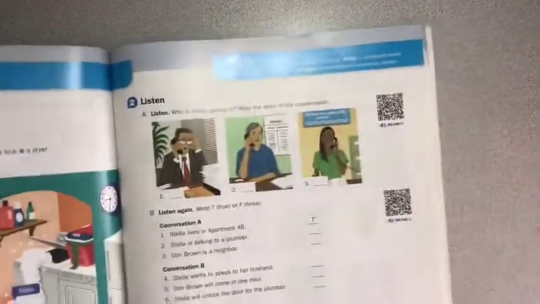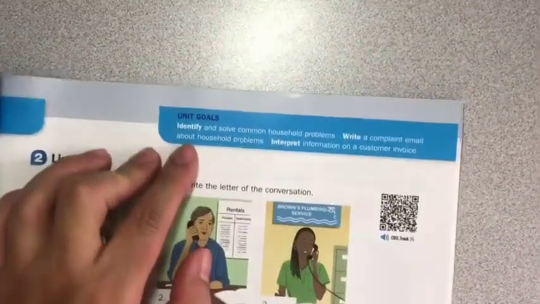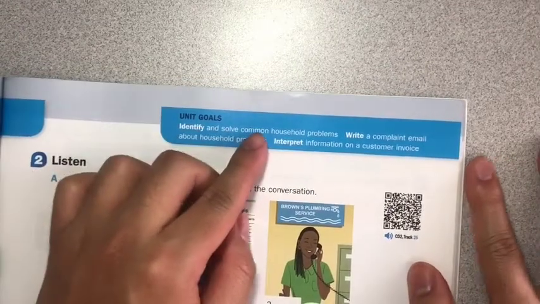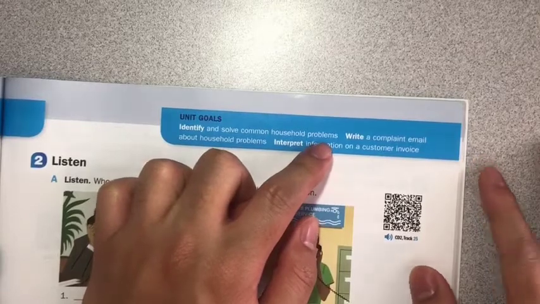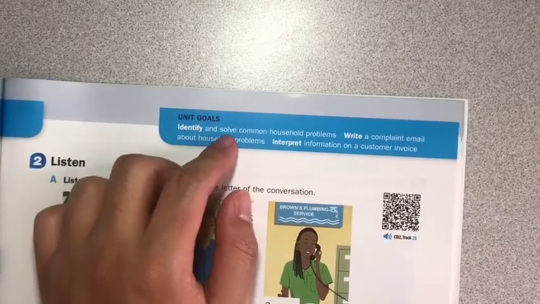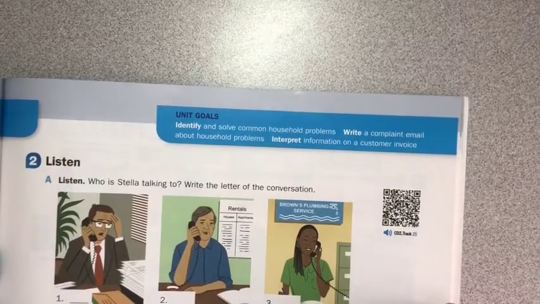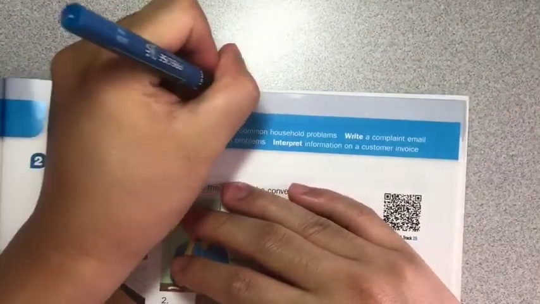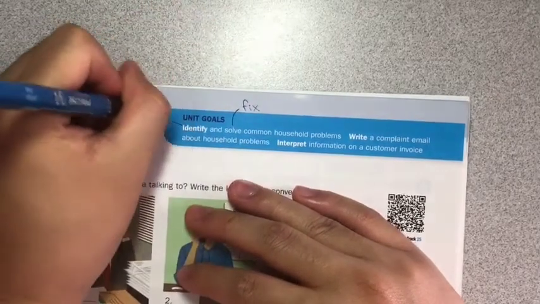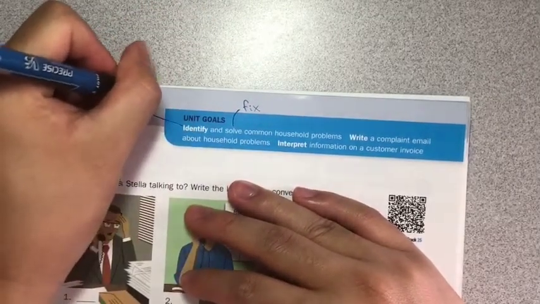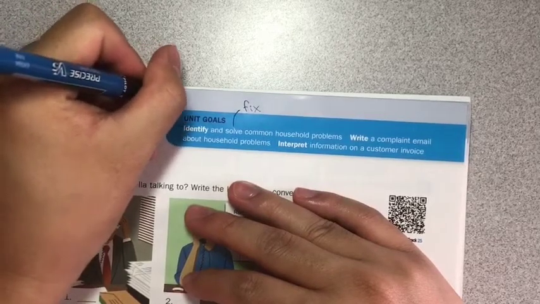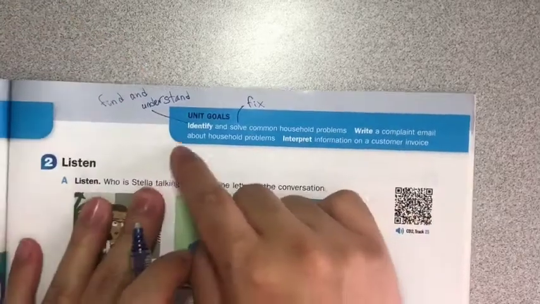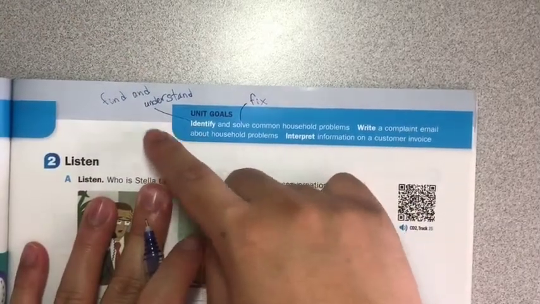So in Unit 9, here are the goals for the unit. We have to identify or understand common household problems. So we need to understand and solve. Another word for solve is fix. Identify means find and understand.